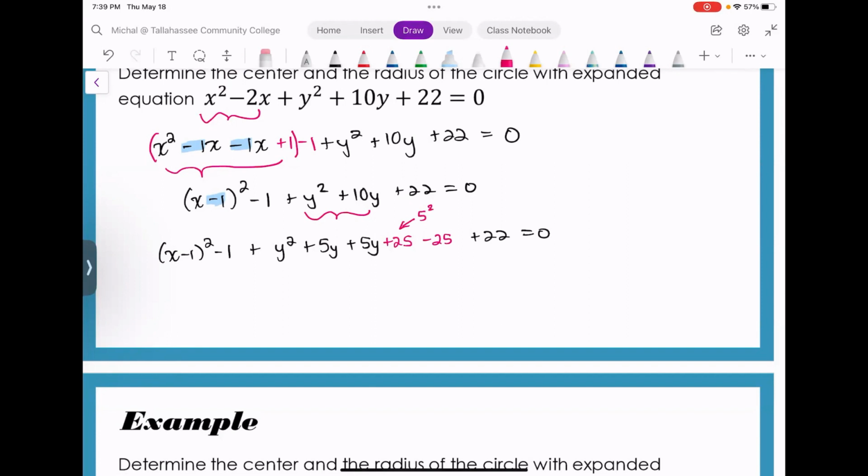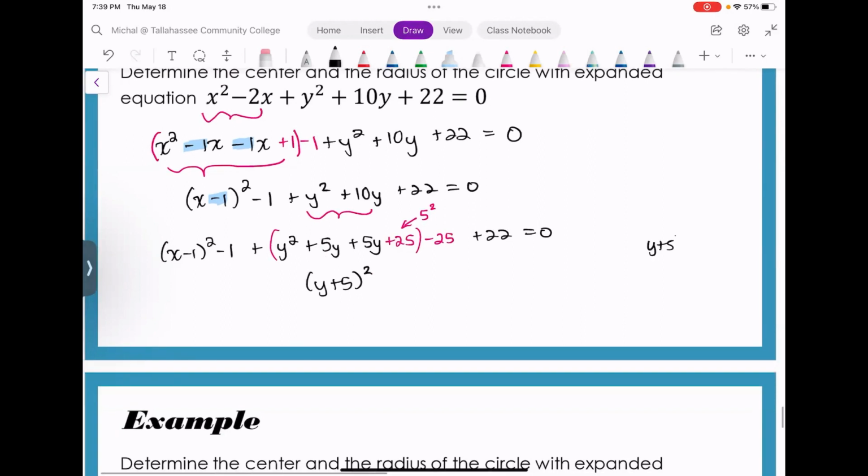All right. The reason we do that is because I know that these terms, this part of the group, is going to equal a perfect square of y plus 5 squared. But if I multiply out y plus 5 times y plus 5, I am missing my plus 25 term.